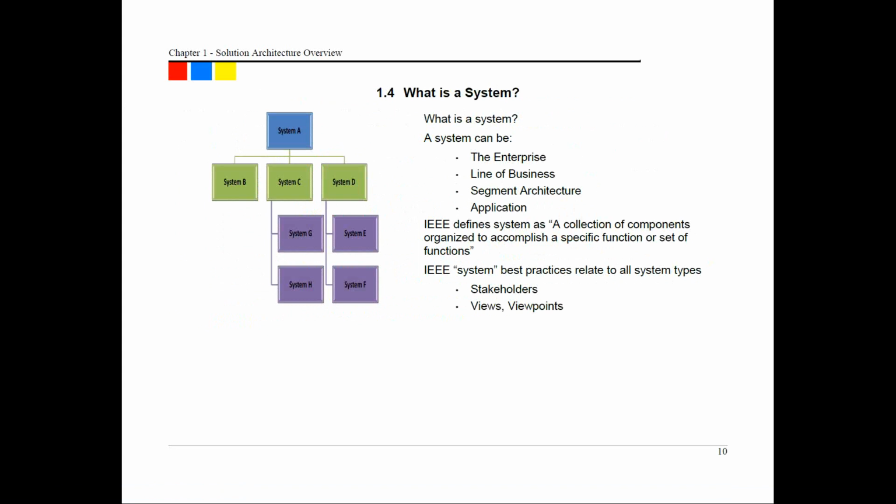But anyway, there have been a lot of efforts over the years to define things in architecture.